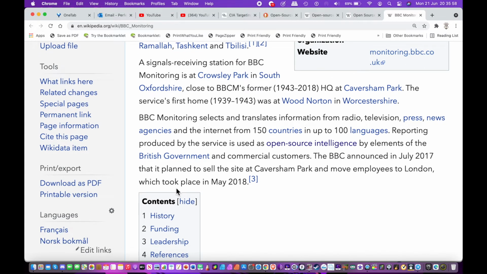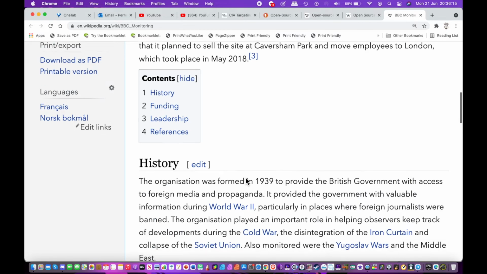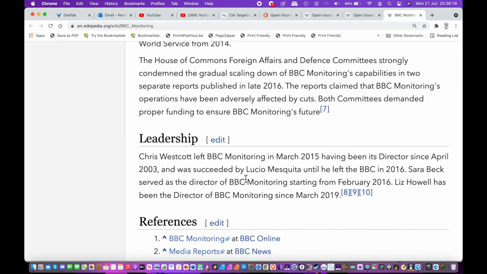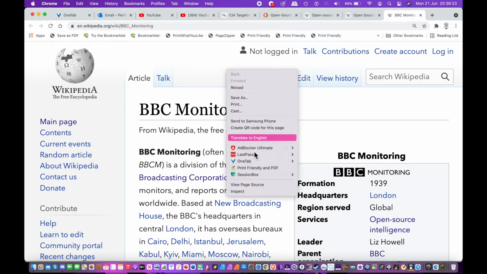And the translation and reporting produced by the service is used as open source intelligence by elements of the British government and commercial customers. Oh, okay, so basically it's a place where they can just say, here you go, here's some information you can have. Okay.